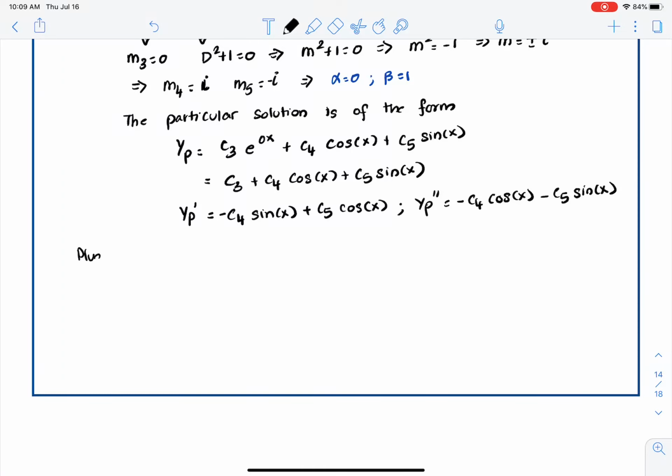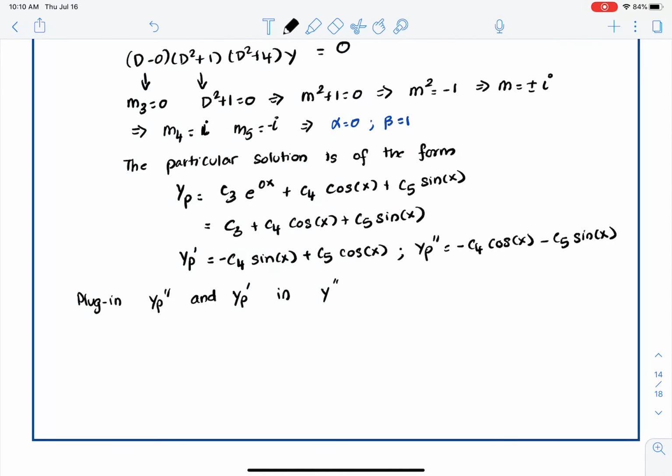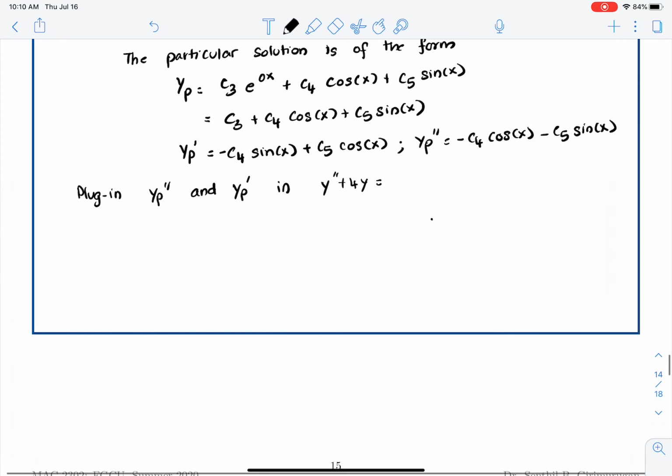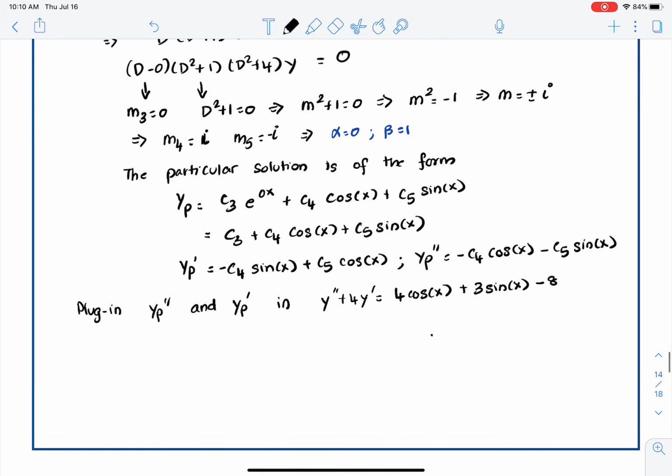We plug yp double prime and yp into the original DE, which is y double prime plus 4y equals 4 cosine x plus 3 sine x minus 8.